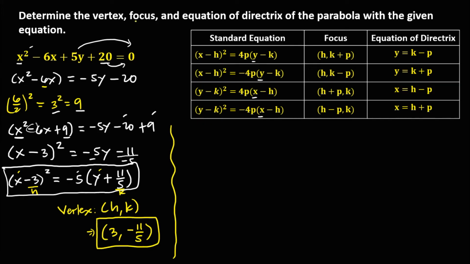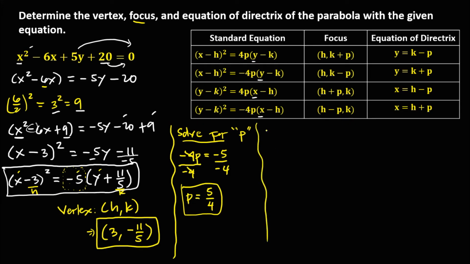Then to solve for the focus, first, we need to solve for p. So to solve for p, focus on this number. So since this one is negative, we're going to use the negative 4p equals this number, so equals negative 5. Then divide both sides by negative 4. So therefore, p is positive 5 over 4.